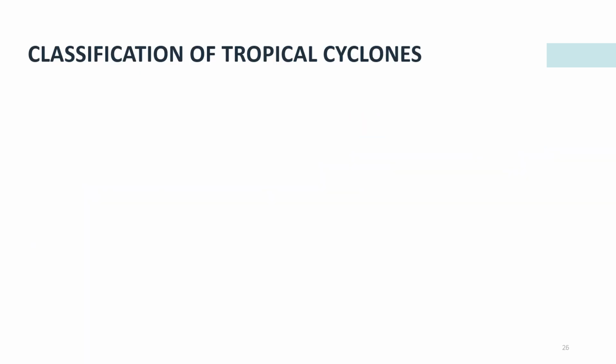For the classification of tropical cyclones, they derive their energy from the latent heat of condensation, as I've mentioned, which makes them exist only over the oceans and die out rapidly on land. One of their distinguishing features is a central sea level pressure of 900 millibars or lower, and surface winds often exceeding 100 knots.